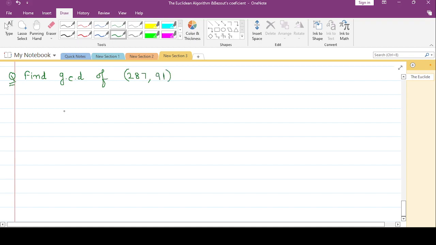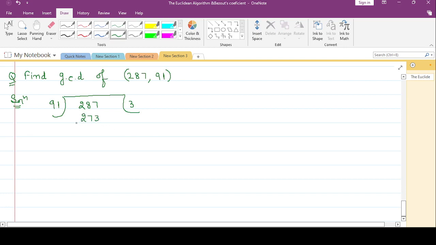So clearly 91 is less than 287. So divide 287 by 91. Okay, so 91 into 3, what is it? It is 273.